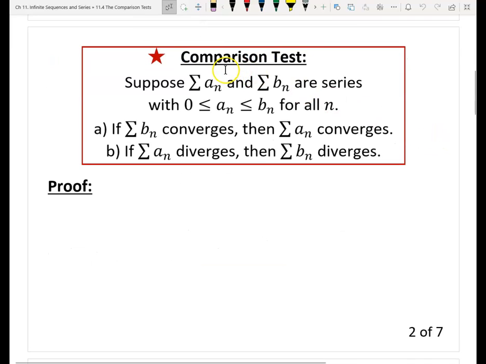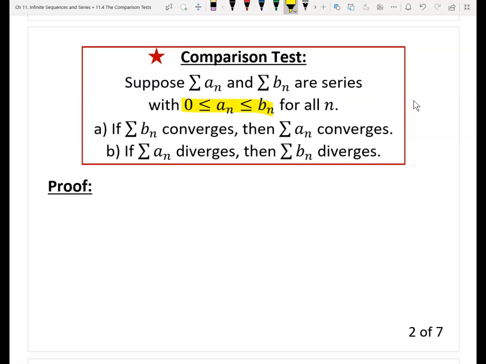Here is the first type of comparison test, the direct comparison test, or we simply say the comparison test. Suppose now we have 2 series, and we have this condition, which is the major condition. Let me highlight. First, both series are positive series, greater than 0.